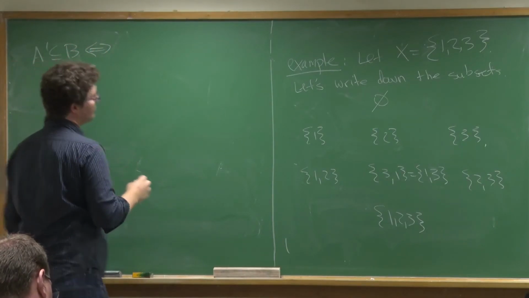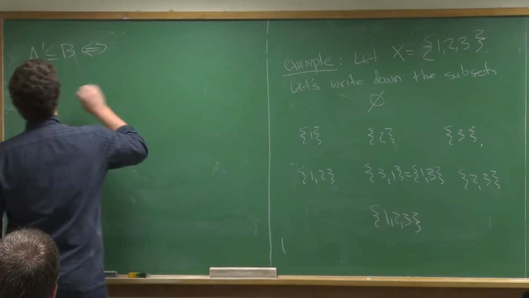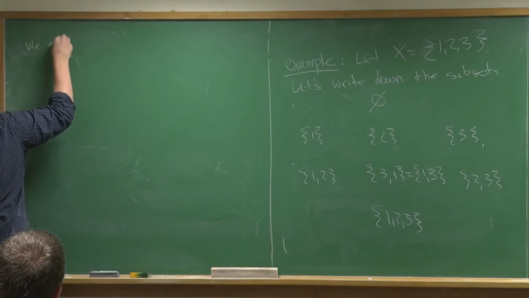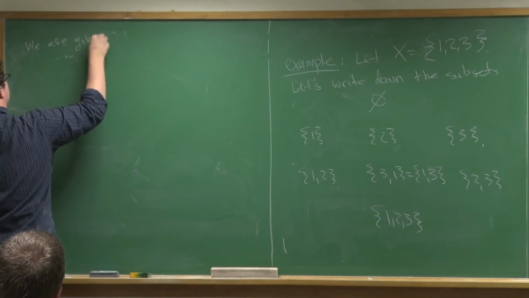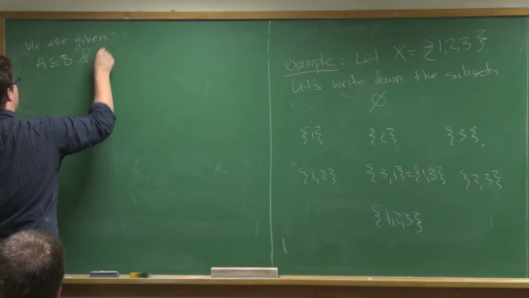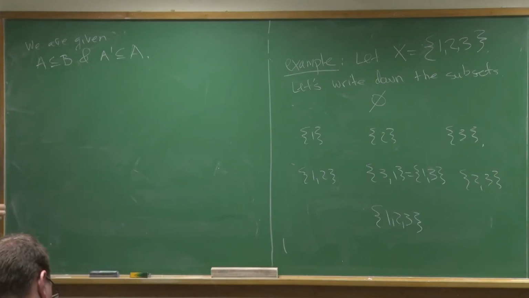We're given A is a subset of B, and A prime is a subset of A. So what property can I use of subset inclusion here?